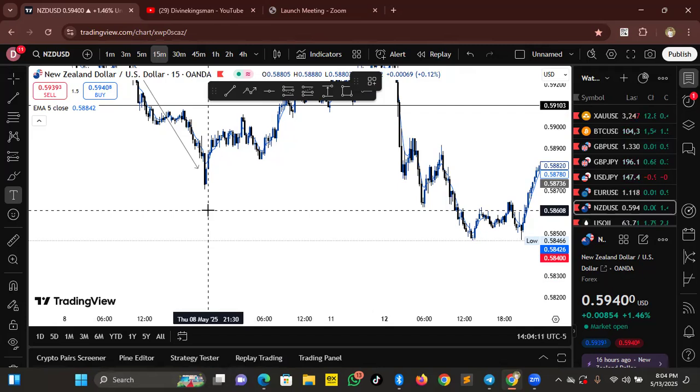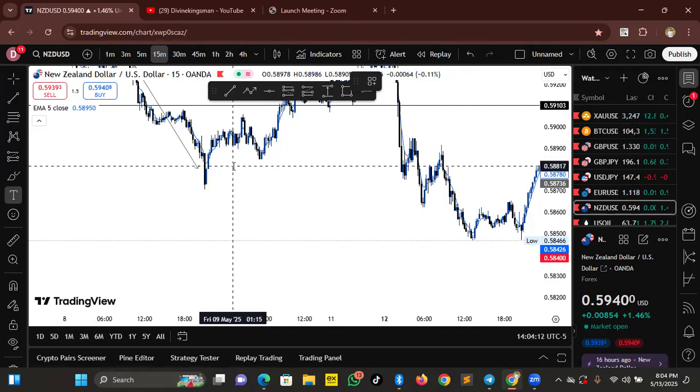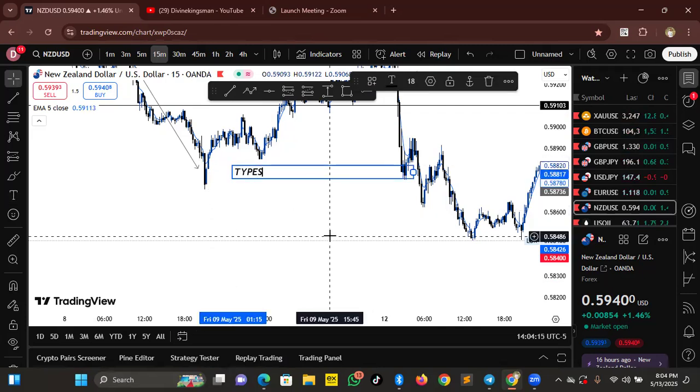So we have different types of traders. I actually never mentioned this before, so I'm going to do it here very quickly. Number one is called scalpers. Number two is called day traders. And the third one is the swing traders.